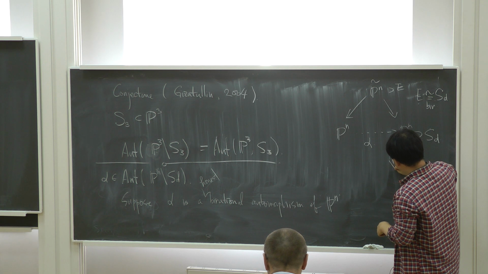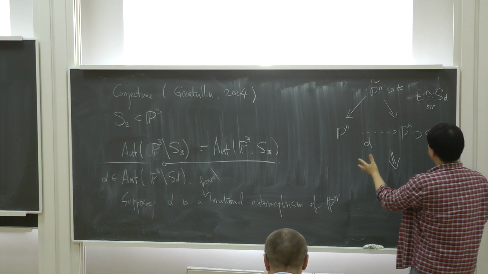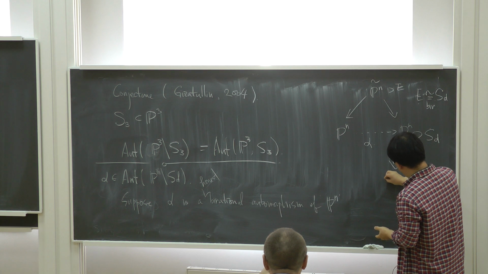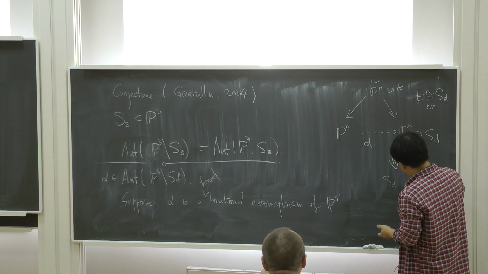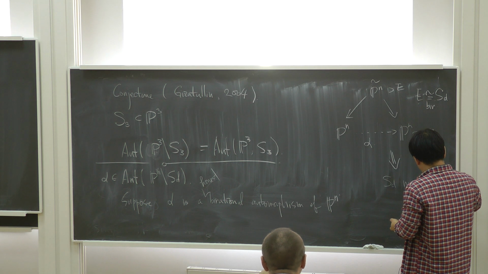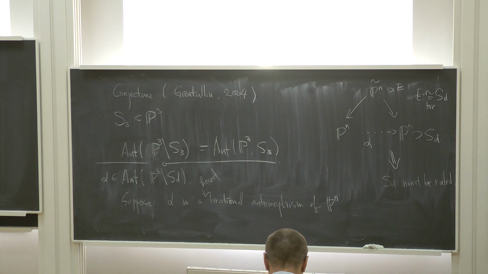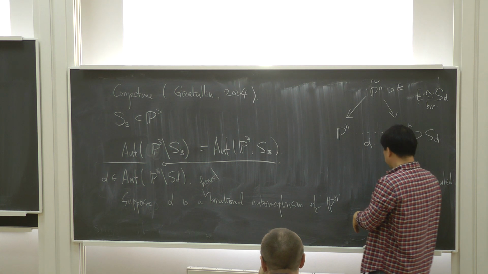So we are working in the smooth case. I mean, the ambient space is smooth. So that means your Sd must be ruled, right? Your exceptional divisor is ruled, like this.